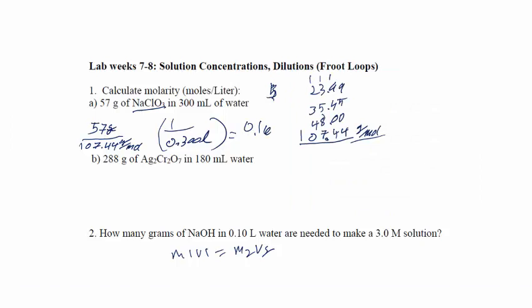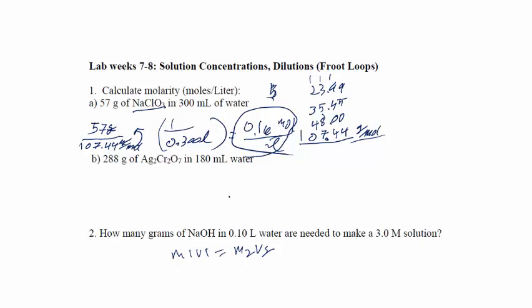Notice that grams cancels with grams, moles flips up on top, and then we have 0.16 mole per liter. 2 sig figs, we're good.